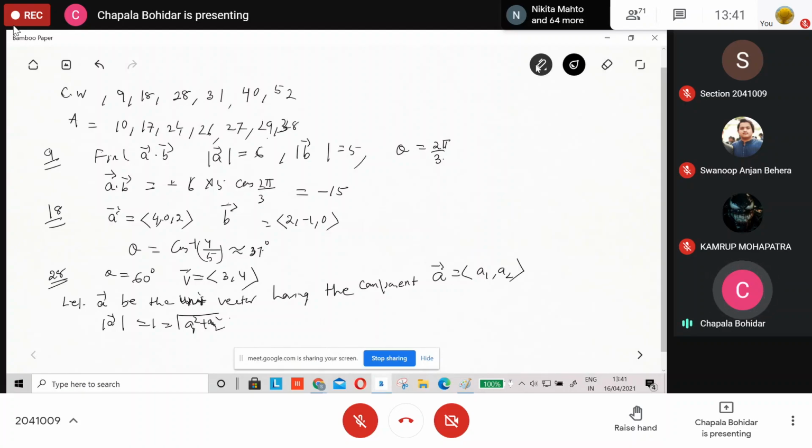Unit vector I am considering, so the absolute value of A is 1, just as I, J, K are unit vectors and the absolute value of I is 1, of J is 1, of K is 1. So here the absolute value of A is 1. Is it clear? This implies A1 square plus A2 square is equal to 1. Equation 1.